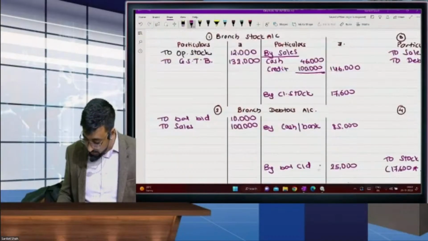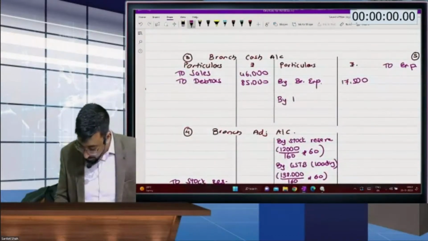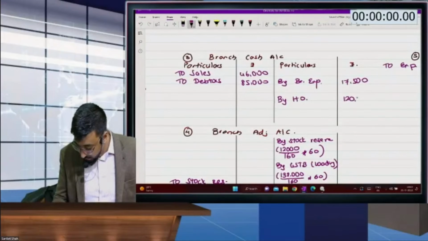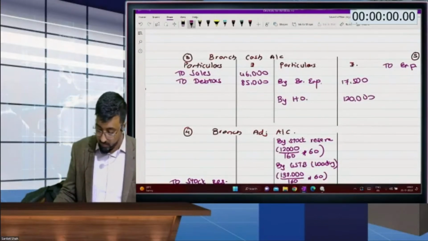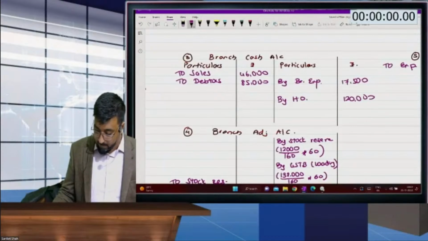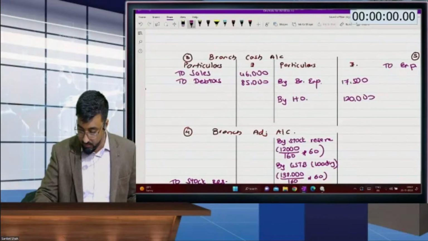Remittance to head office 1,20,000. By HO 1,20,000. 46 plus 85.